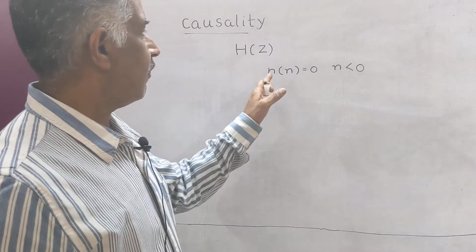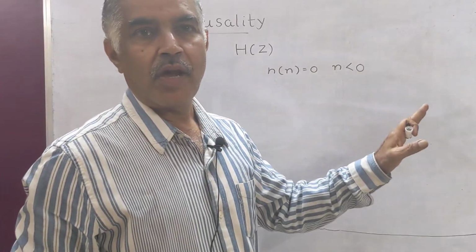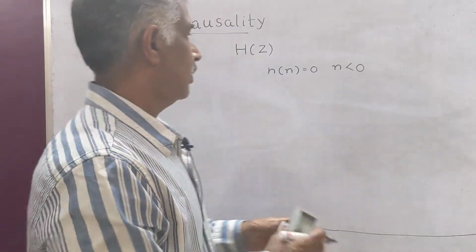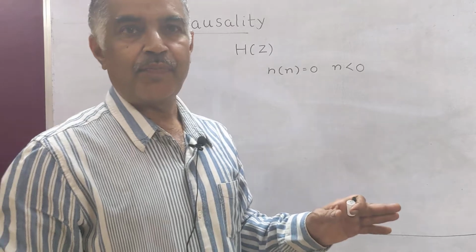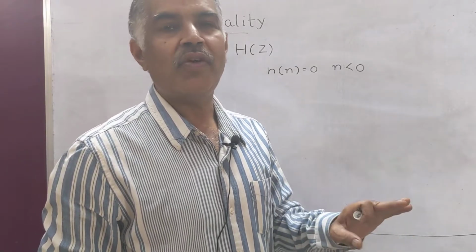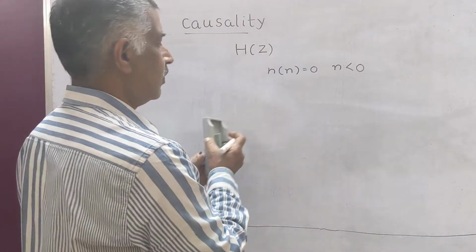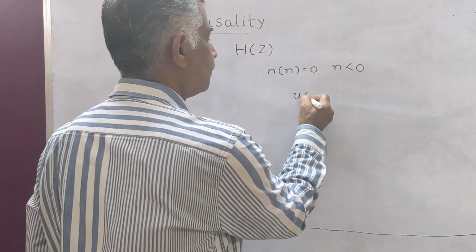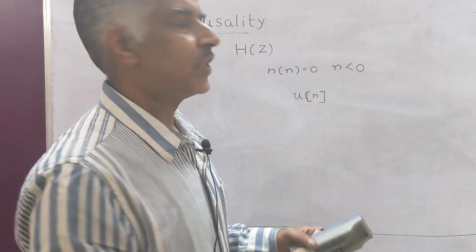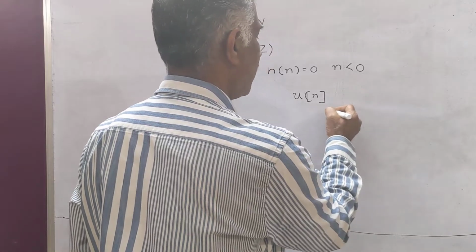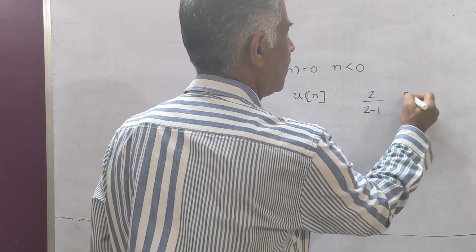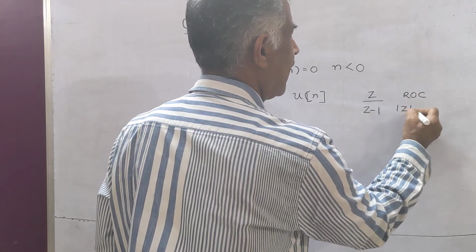So we know that for a right-sided signal, the ROC is outside the circle of radius equal to the magnitude of the largest pole of H(z). I will give an example. For example, you take u(n). u(n) is a right-sided signal. What is its ROC? Its Z transform is z over z minus 1 and the ROC is mod z greater than 1.